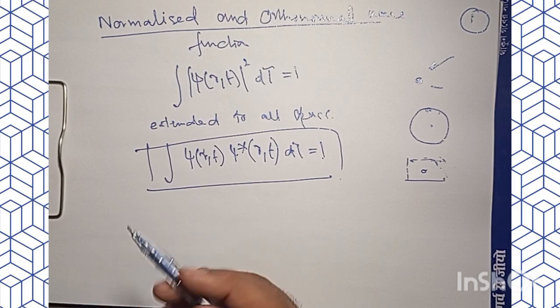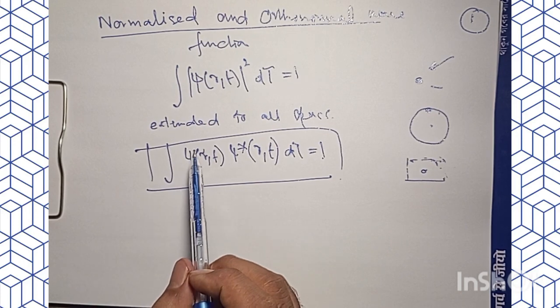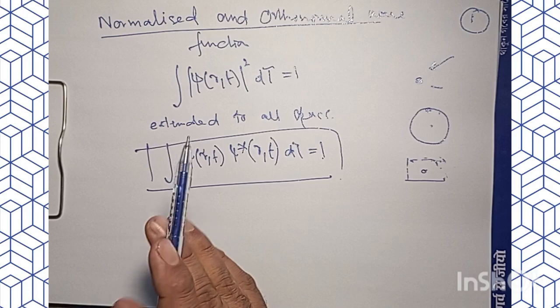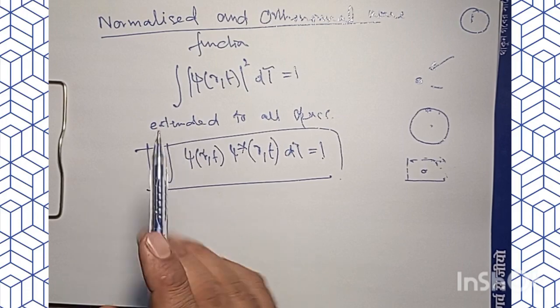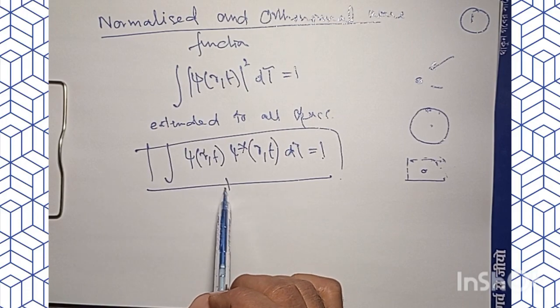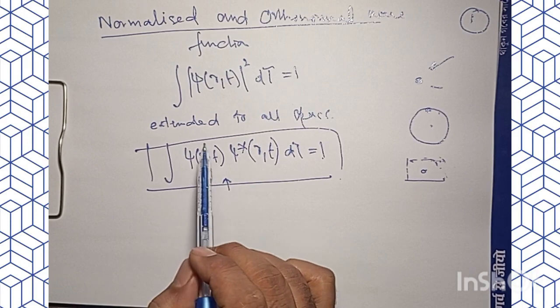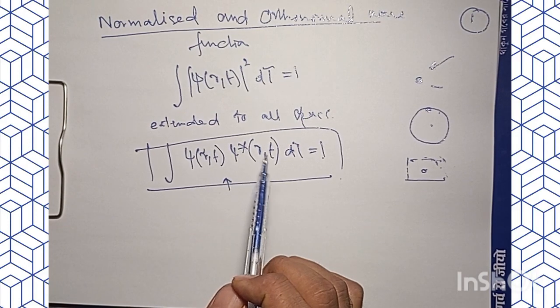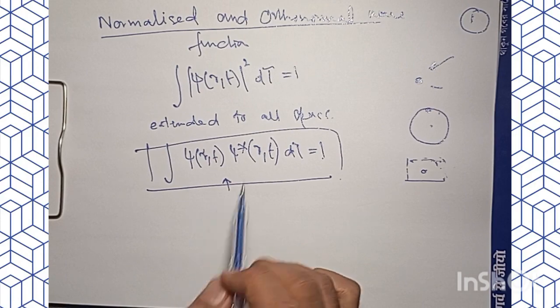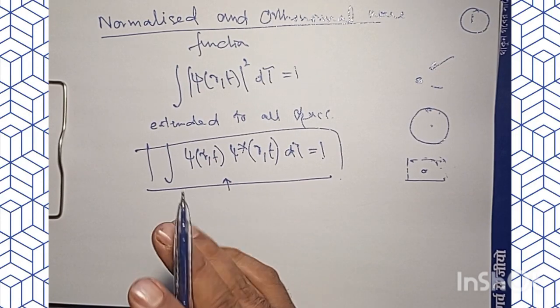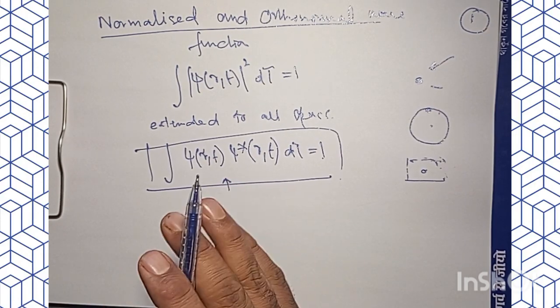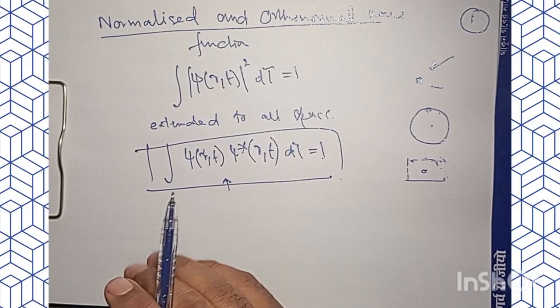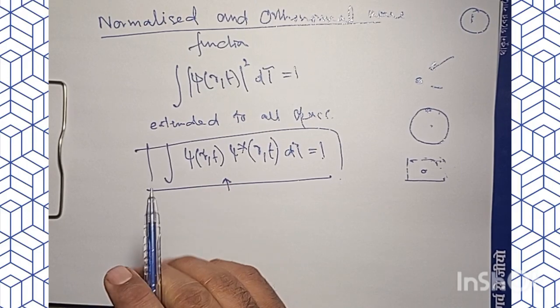If I have a wave function that satisfies this condition, that the integration over the whole space is equal to 1, we call this normalization to unity, and we call it a normalized wave function.